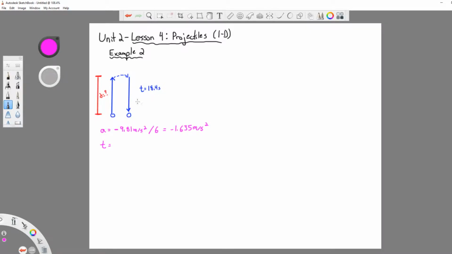So to go from bottom to top, this is 18.4 seconds divided by 2. So really our time works out to be 9.2 seconds.